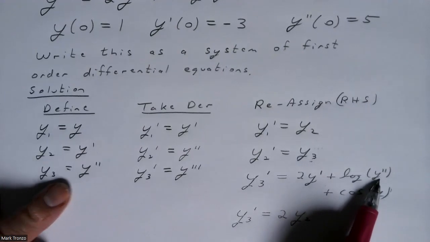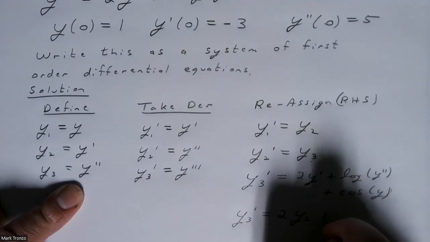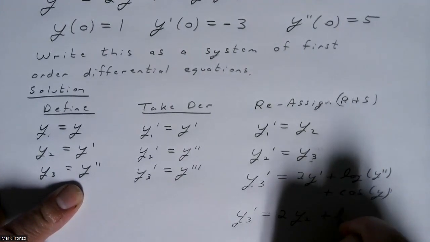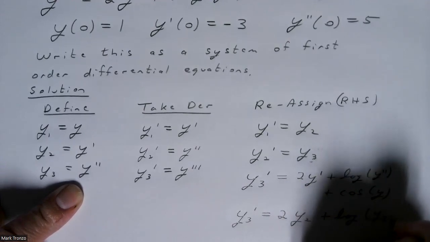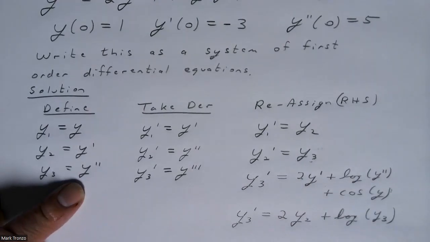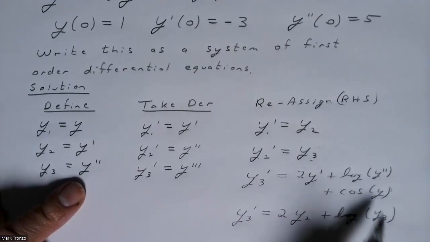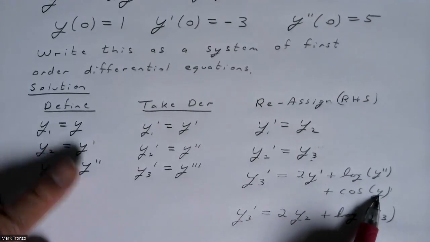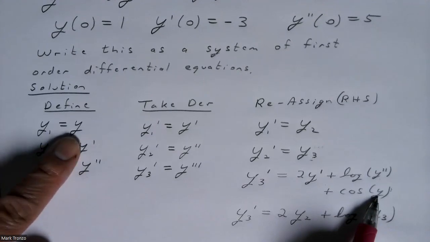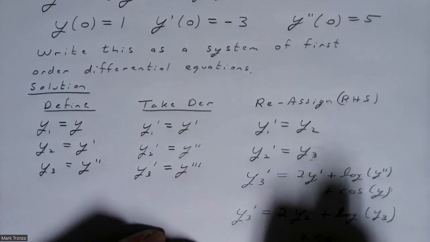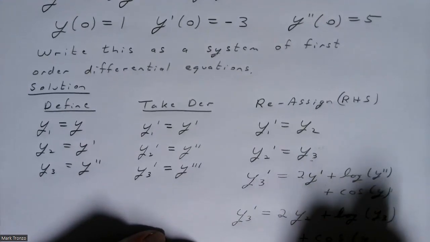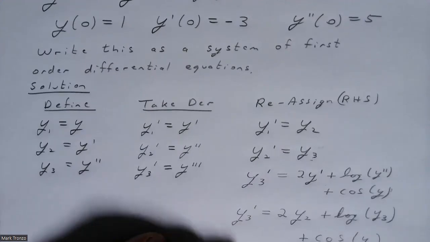Y double prime is replaced by y3. And then finally, we want to have a subscript on y, and that's replaced by y1.